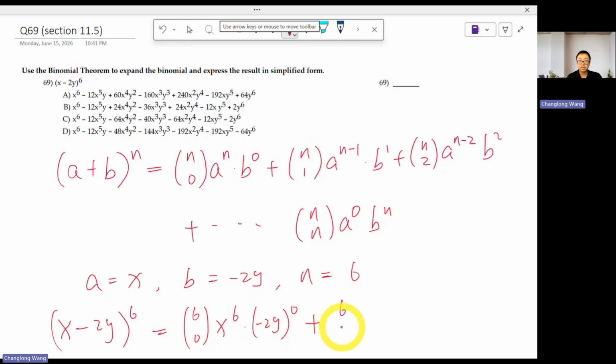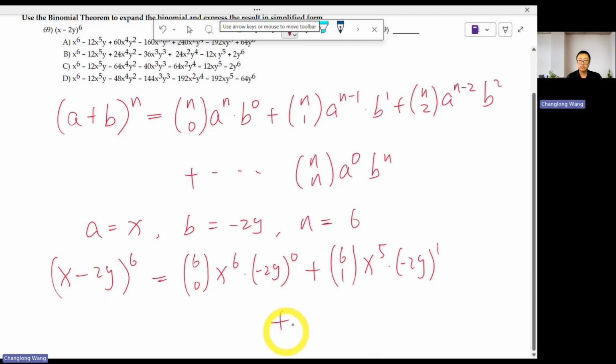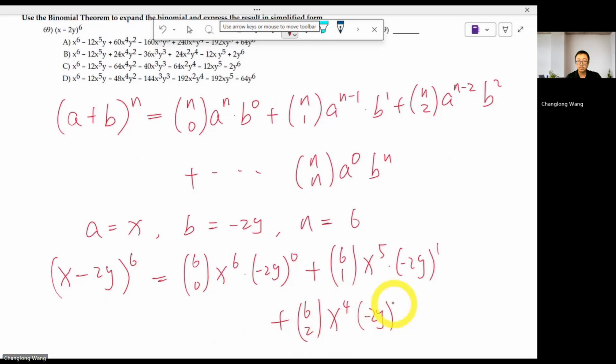Plus 6C1, x to the 5th power, so 6 minus 1, then negative 2y to the 1st power. Let me just write out one more. 6C2, x to the 4th, negative 2y to the 2nd power. Dot, dot, dot. Okay.